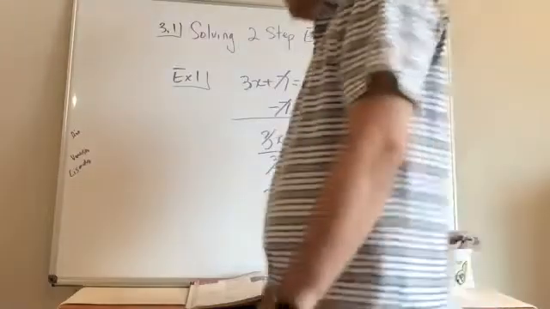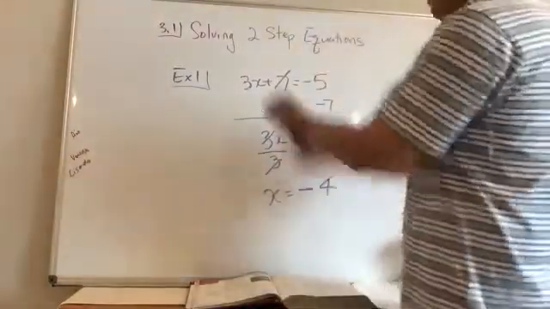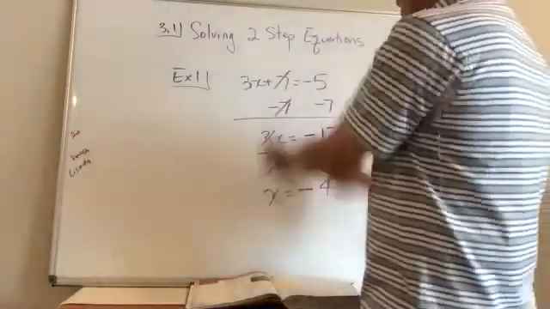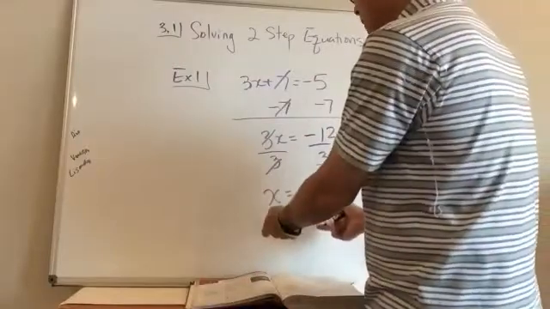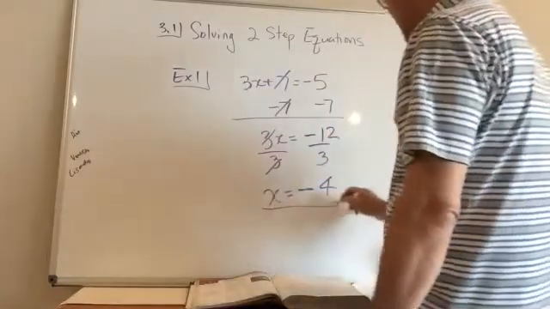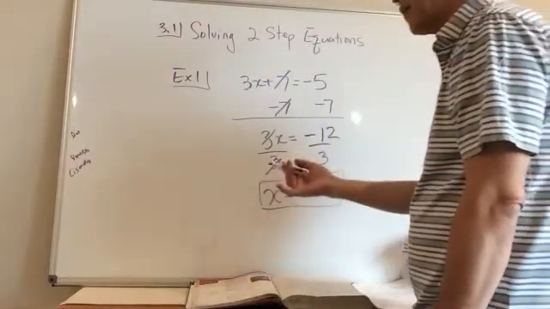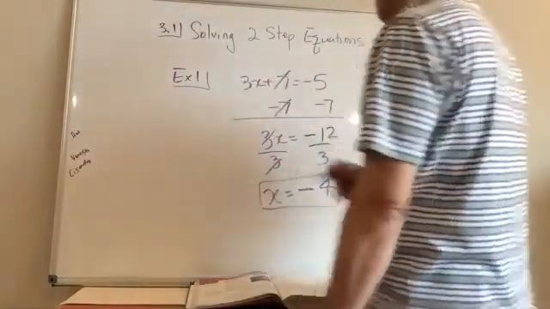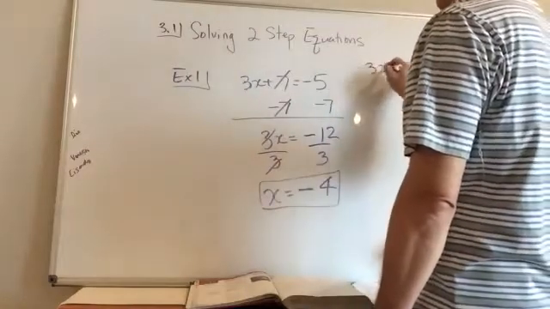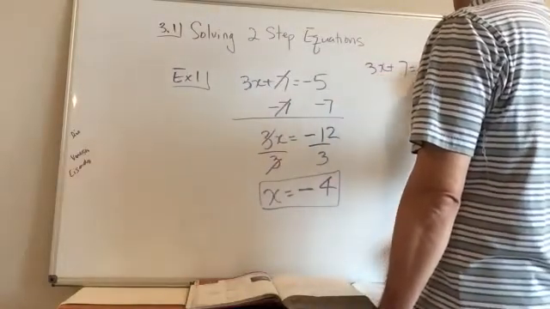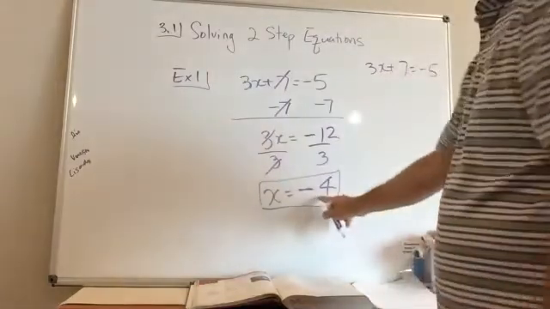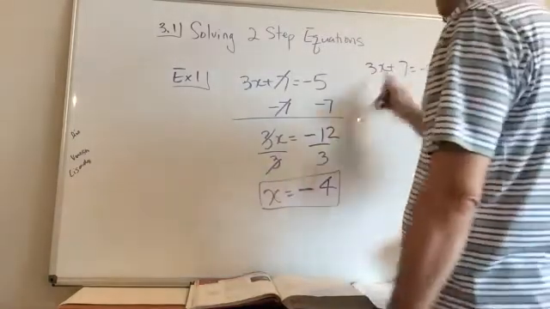Okay? All right? So I've gone through all this and I found the answer. I am positive this is the answer. Now, how would I check to make sure this is the answer? Then I would go back to the original equation and see if this works when I plug x equals negative 4 in here, right?